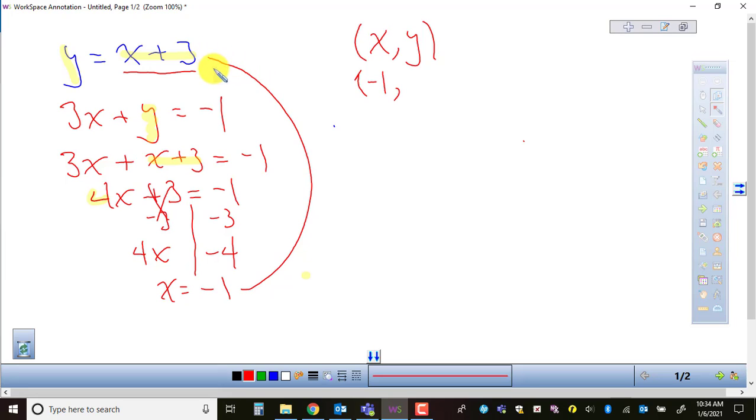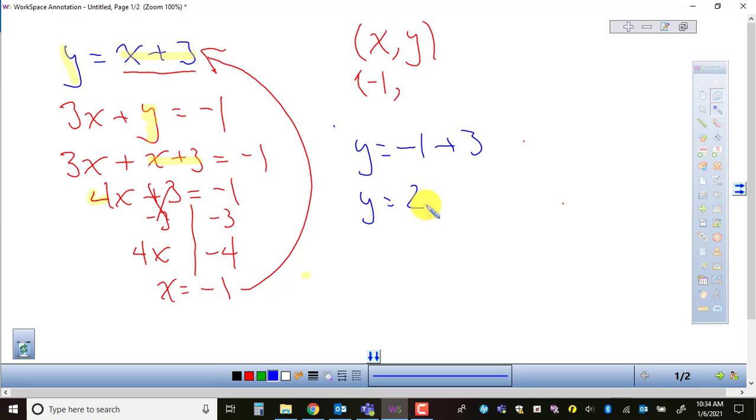It looks to me as though the top one would be easier to substitute into. So I'm going to take that top equation, and I'm going to put -1 in for x. So I'll get y is equal to -1 plus 3. So again, I just used substitution. I'm substituting -1 in place of this x. -1 plus 3 would give me 2.